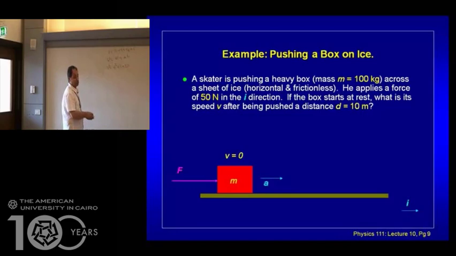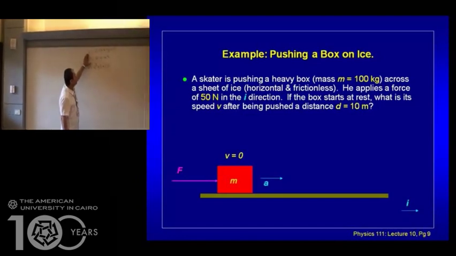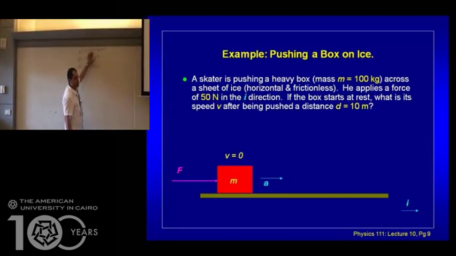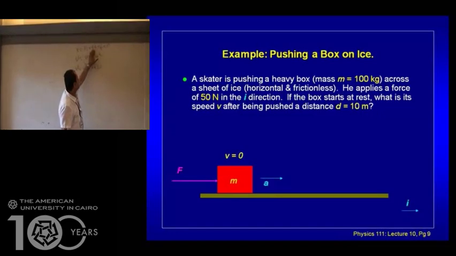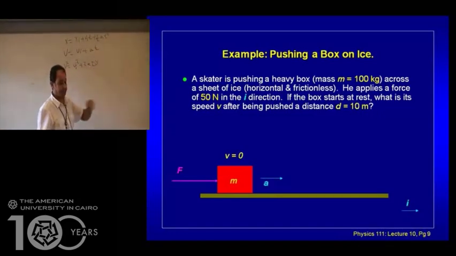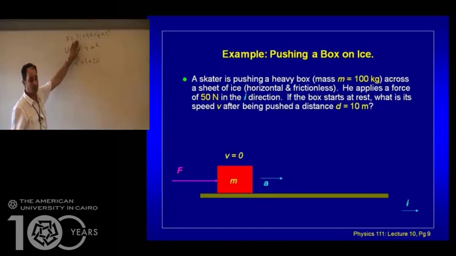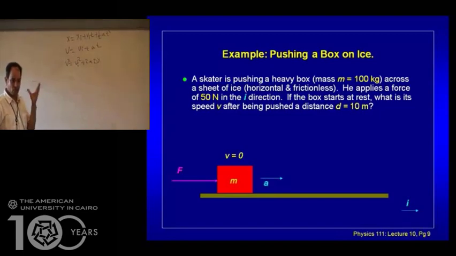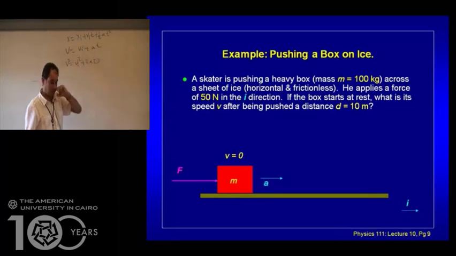Which one should we use? If I choose the first one, I will need the initial velocity, the time, and the acceleration, assuming that it starts from 0. So I will need 3 quantities. If I use the second one, I need acceleration and time, and I don't have both of them.